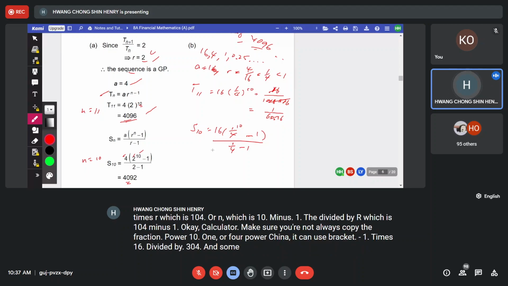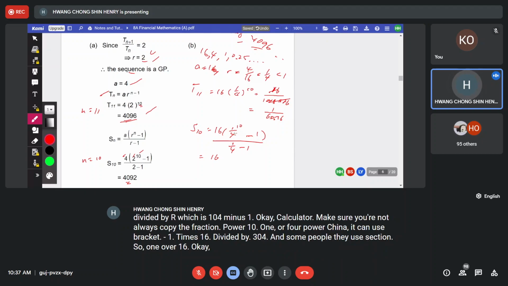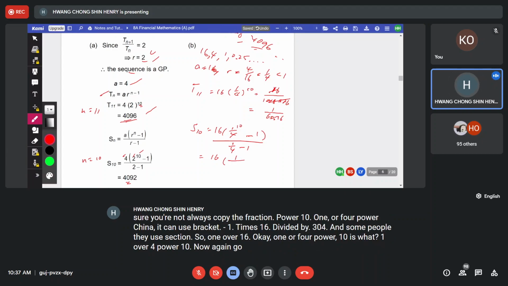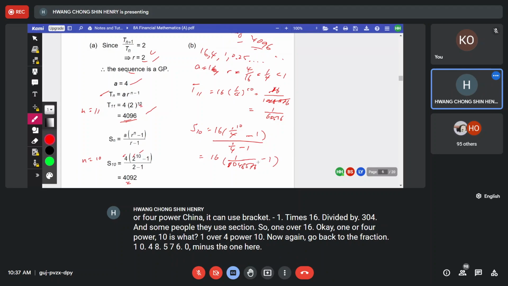Some people, they use fraction. So 1 over 16. Okay, 1 over 4 power 10 is what? Again, go back to the fraction, 1,048,576. You minus the 1 here. Okay, you can use fraction.